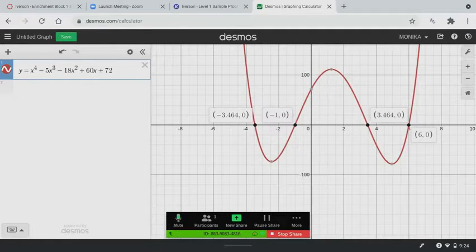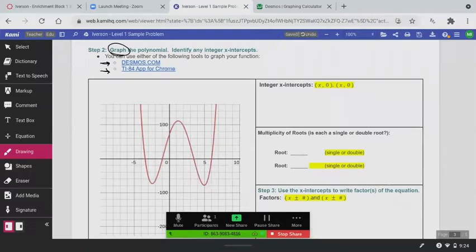So I'm going to use -1 and +6. So when it asks me to find my integer intercepts, I will write those as (-1, 0) and (6, 0). And then on the graph on my paper, I can find those in these locations.